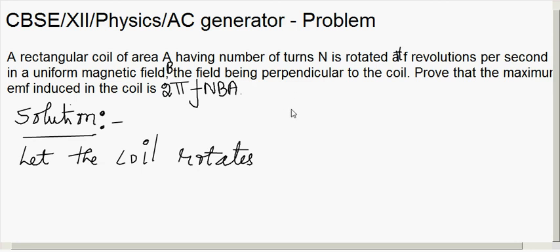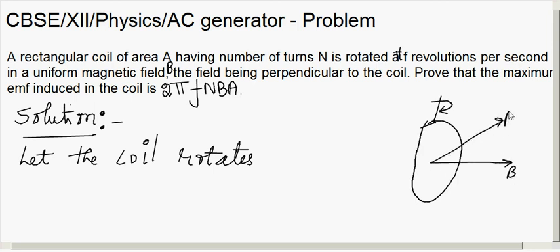Initially let us take the area vector A of the coil making an angle theta with the direction of the magnetic field. So the coil is rotated something like this.